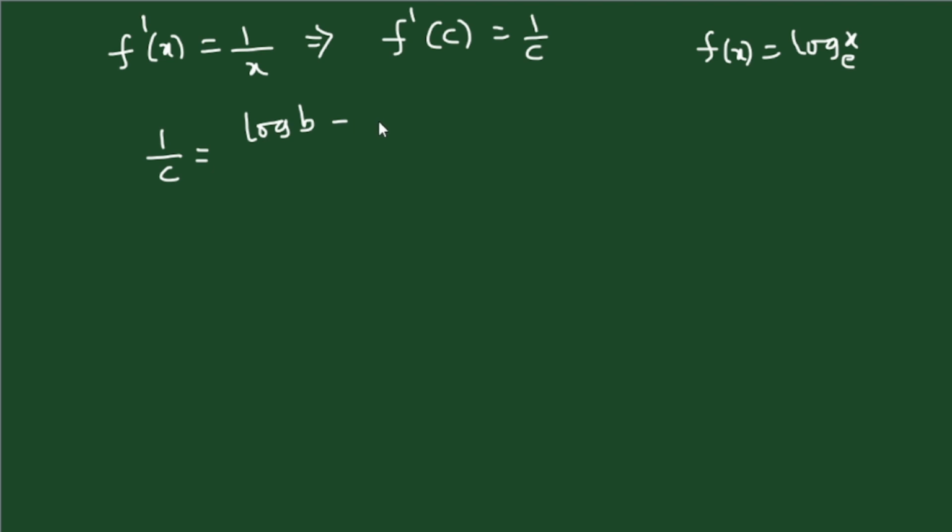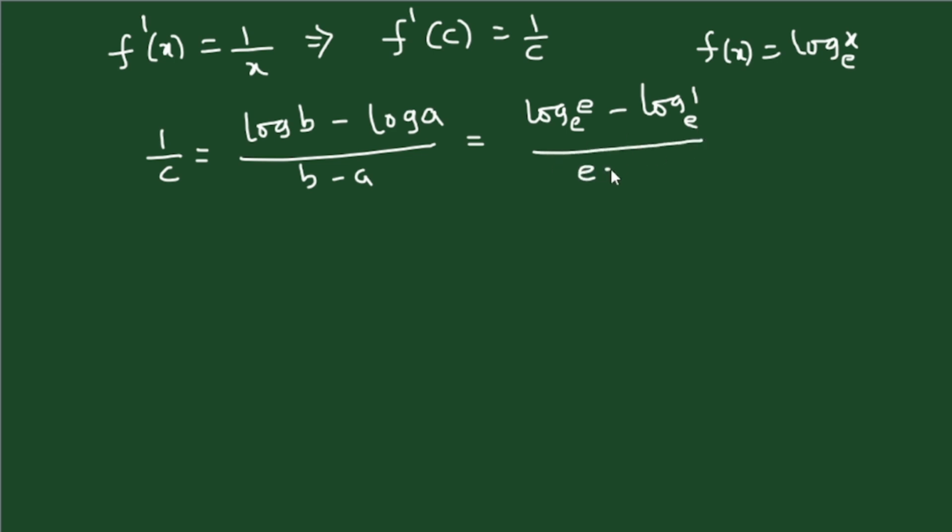Of course, everything is base e only here. Minus log a, by b minus a, which is (log e to the base e minus log 1 to the base e) by (e minus 1). What is log e to the base e? It is 1. So (1 minus 0) by (e minus 1). This is 1 by c. So this implies, you take the reciprocal on both sides, you will get c equal to e minus 1.